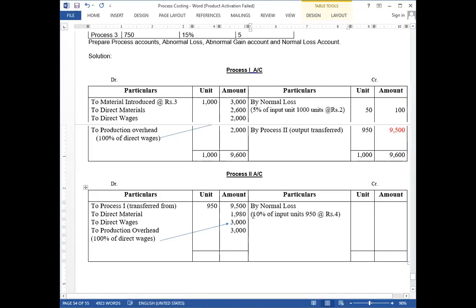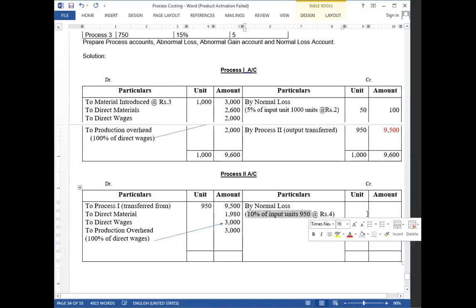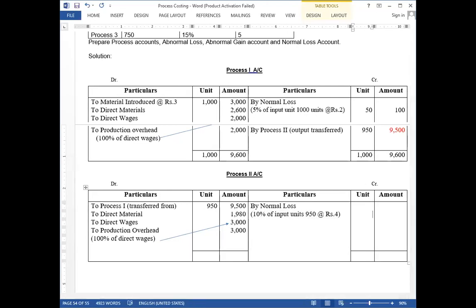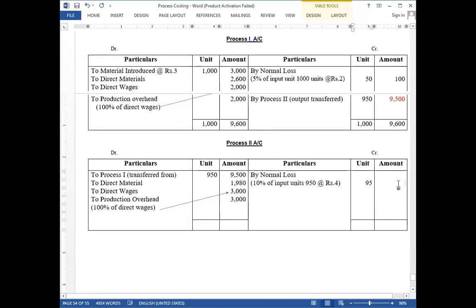950 into 10 percent, how much is it coming to? 95 units. And what is the rate? Rupees 4 per unit. So 95 into 4, how much is it coming to? Multiply and write the amount. Is it 840 or 380?